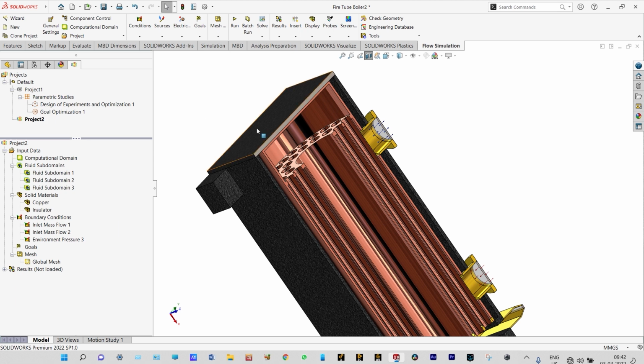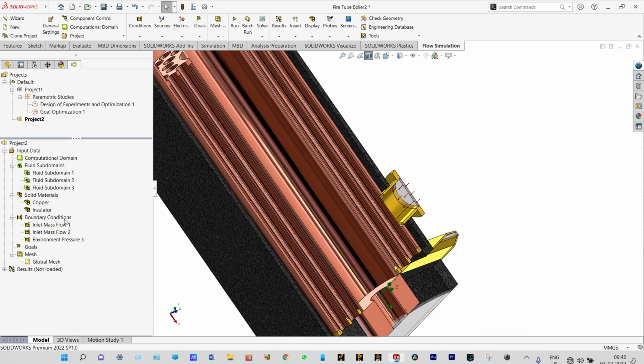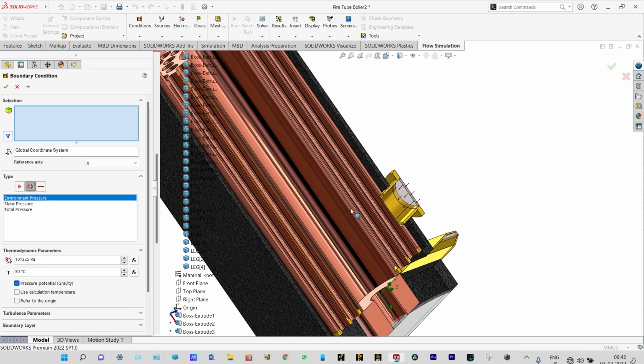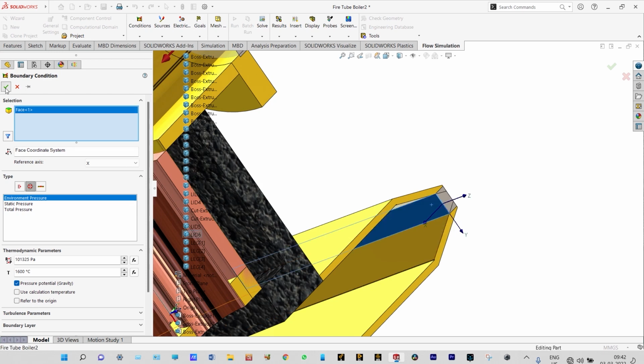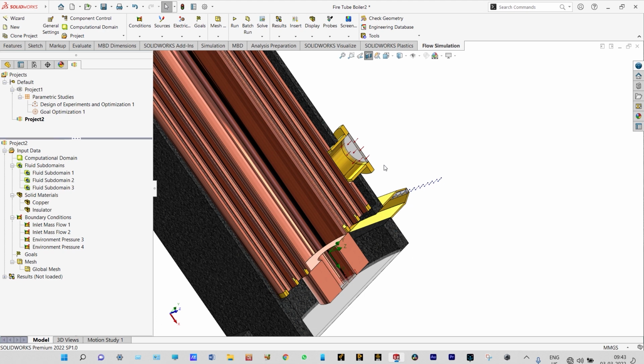Green check. And again, the exit of hot flue gases should be selected. Insert boundary conditions. It will be atmospheric pressure at the exit of hot flue gases. Let us select that one. Green check. Done. All the boundary conditions are applied.